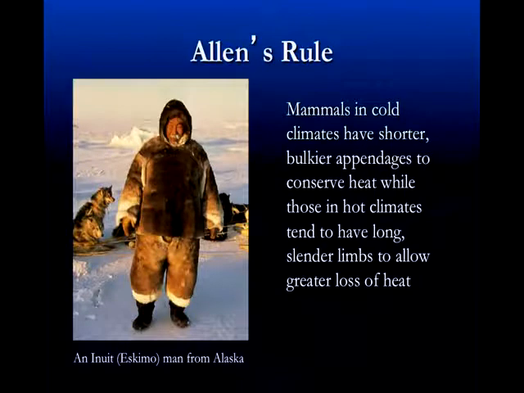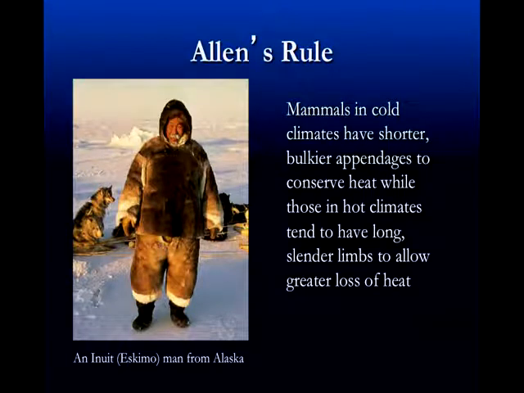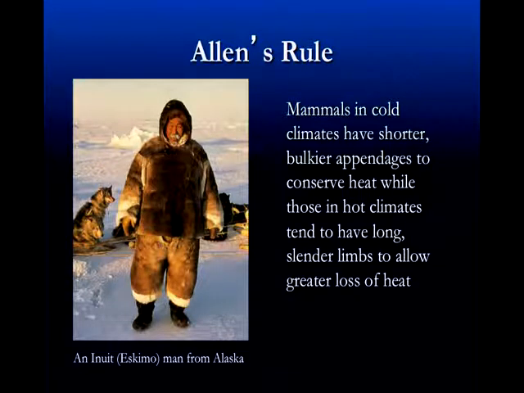So one thing that you can see fairly easily, and they now know the genetic basis of this across species, and this seems to impact human populations as well, is that depending on where your human population lives, and it's not restricted to humans, but we can talk about humans, mammals in general that live in colder climates will have shorter appendages, meaning arms and legs, that are bulkier, and they'll have a stockier body.